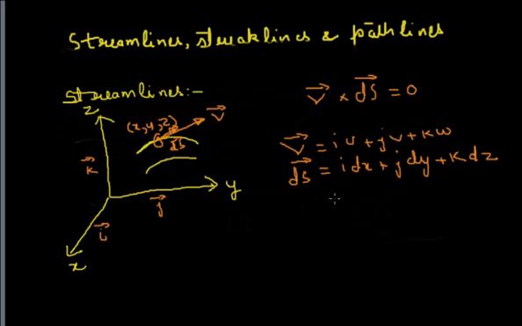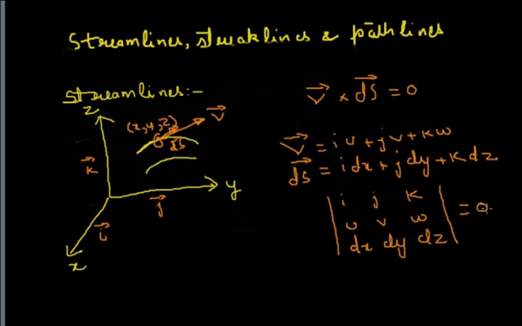So we can write like this: determinant of i, j, k, u, v, w and dx, dy and dz. This determinant should be equal to 0. u, v, w are the velocities in x, y and z directions, which you can easily guess.